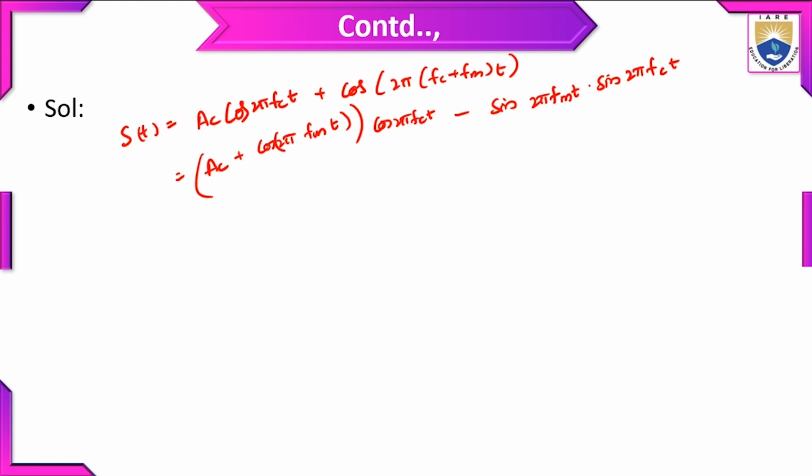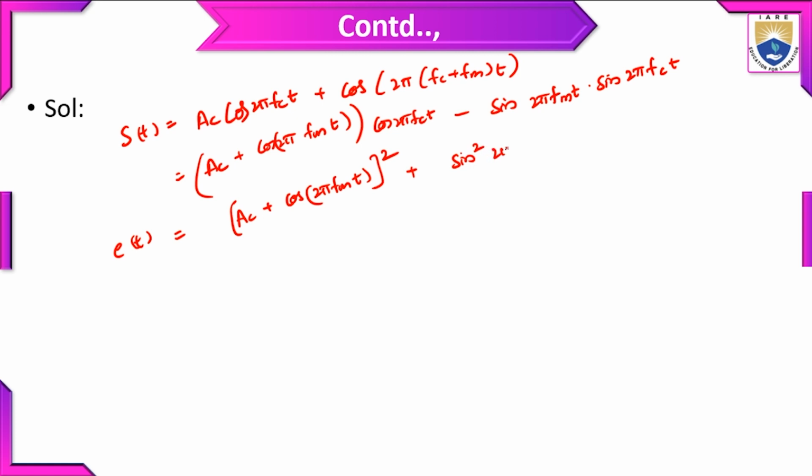So the output of the demodulator you can treat as e of t. So e of t is equal to (Ac plus cos of 2 pi Fm t) whole square, this whole term is going to be squared, plus here (sine of 2 pi Fm t) whole square.